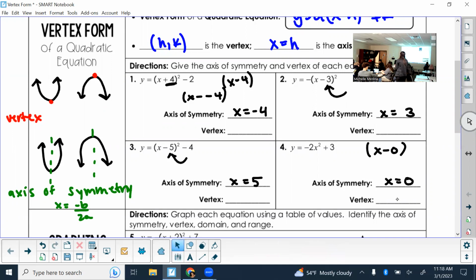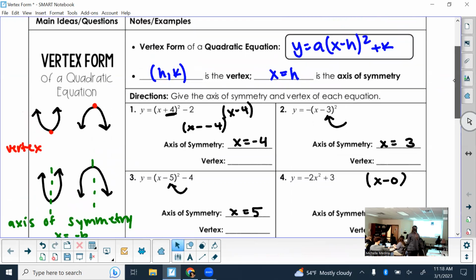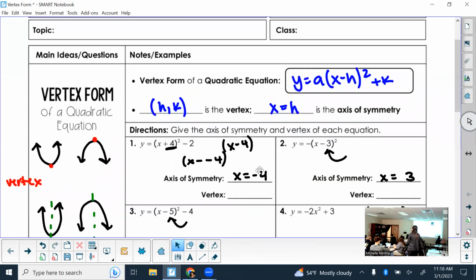What exactly? Like what part? Like how you know what number goes here? Yeah. So you look at the equation. So this is the variables for the equation.